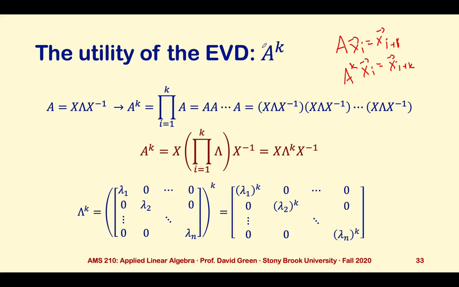Let's begin thinking about matrix powers. What does it mean to be a matrix power? It's just multiplying the matrix A by itself k times. We can just think about repeating a matrix multiplication k times.